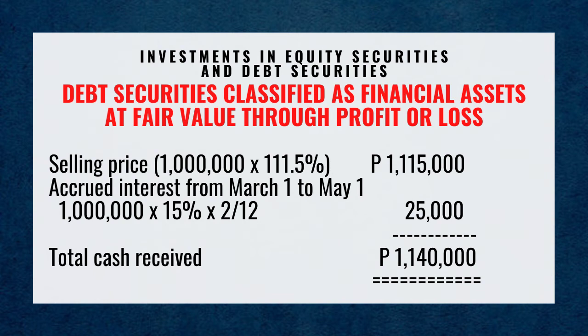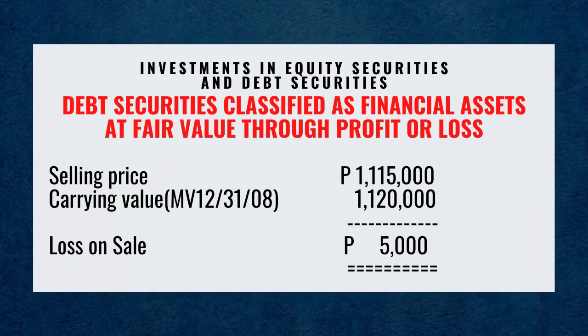Accrued interest from March 1 to May 1, 25,000 pesos, computed as 1 million times 15% times 2 divided by 12. Total cash received, 1,140,000 pesos. Selling price, 1,115,000 pesos. Carrying value, market value, December 31st, 2008, 1,120,000 pesos. Loss on sale, 5,000 pesos.